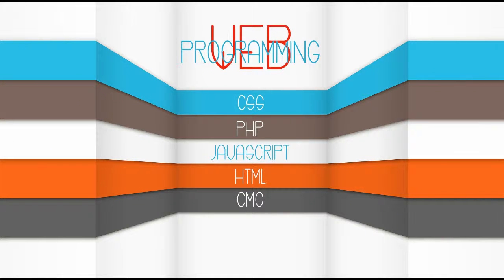So, what we're going to talk about today? Well, as the title states, we are going to discuss a little bit more about HTML, what it is, and why. These tutorials are for web programming.